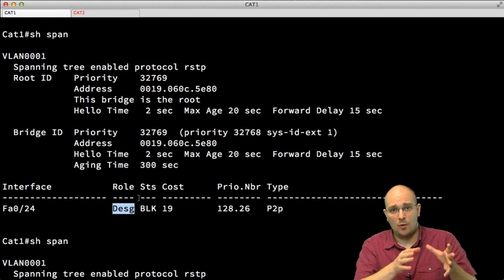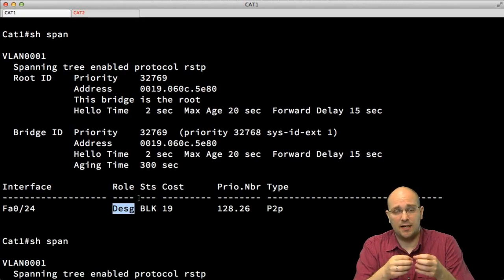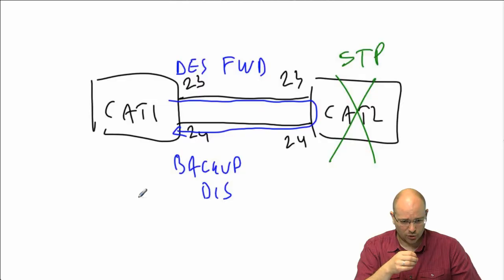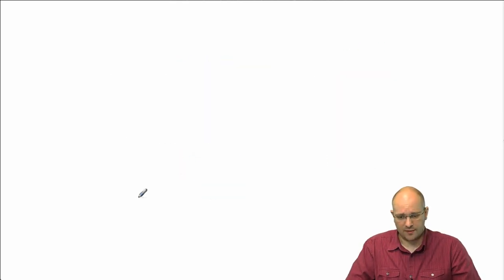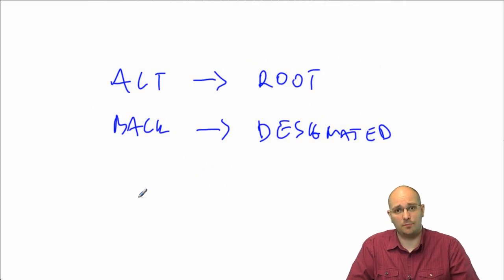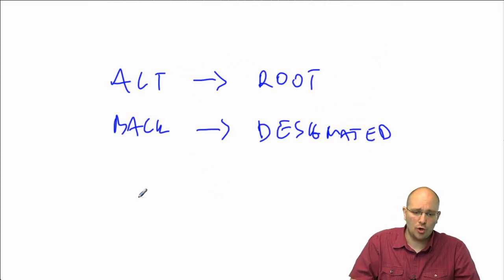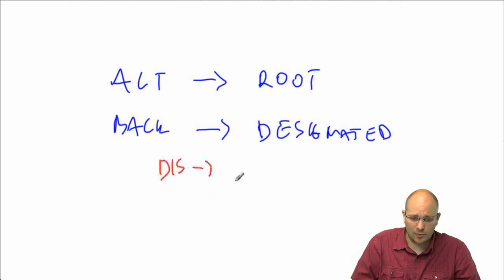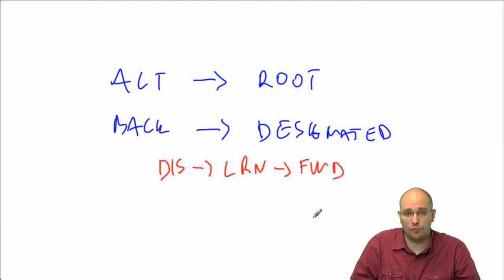Now, we can see that for the designated port, when it goes through the process of moving from the backup to the designated port, we have to go through the timers. So we have to go from the discarding state into the learning state, and then into forwarding state.